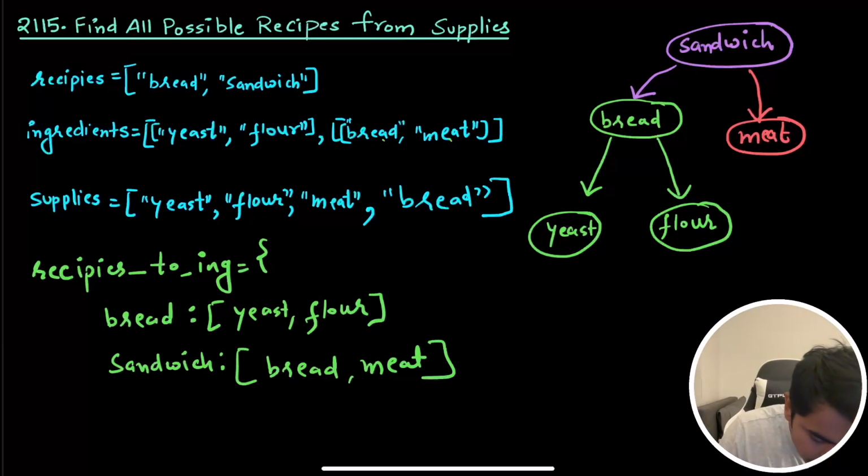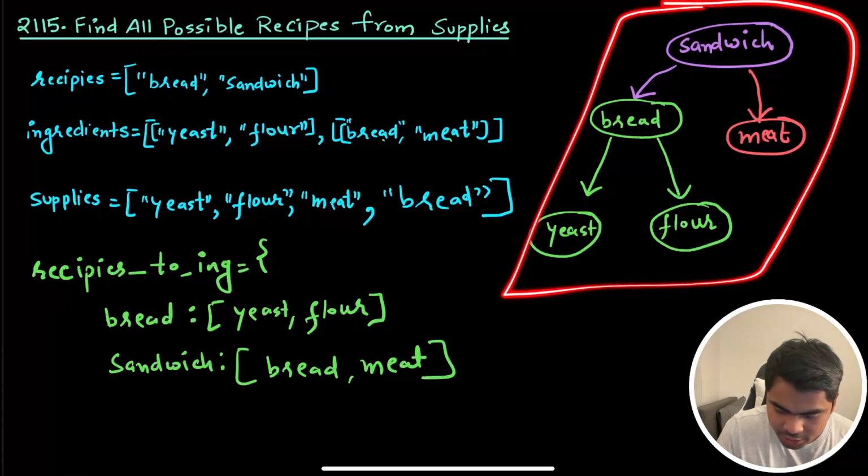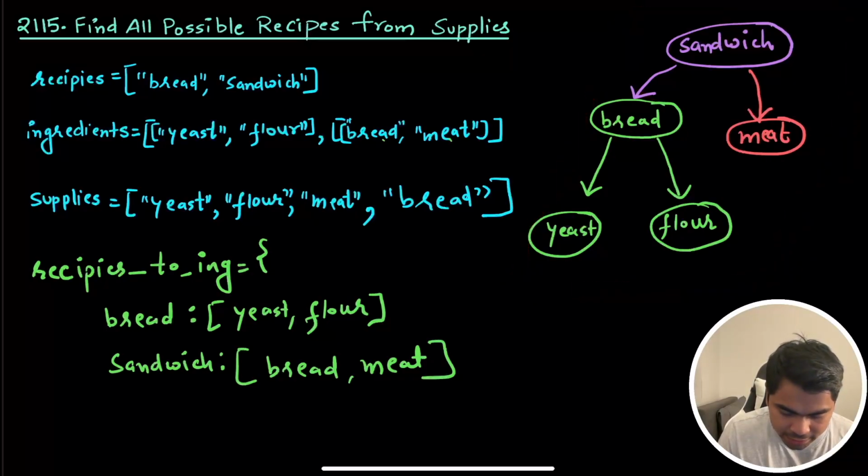So here what I'm really trying to say is we will be going over these recipes, and for each of them we will run a DFS inside the graph that we just created and see if we can visit it.